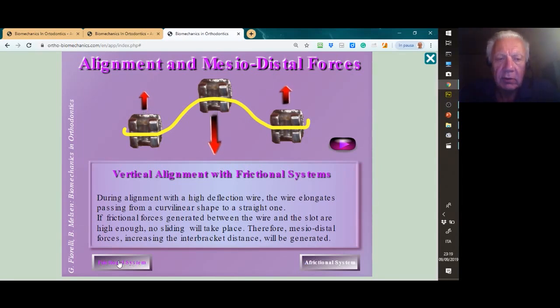So there are two possibilities. One, there is a lot of friction and it's not possible to see any sliding of the wire with respect to the slot, and we'll see something like this.